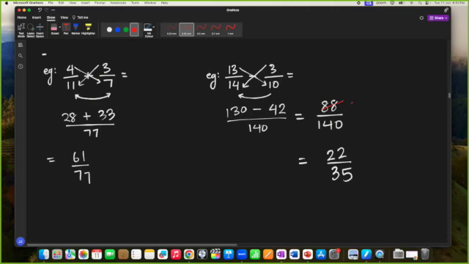So 4 into 88 is 22. And then 4 into 140 is 35. So you would have had to be able to figure out that a factor of 4 is what you would have had to use to reduce that.